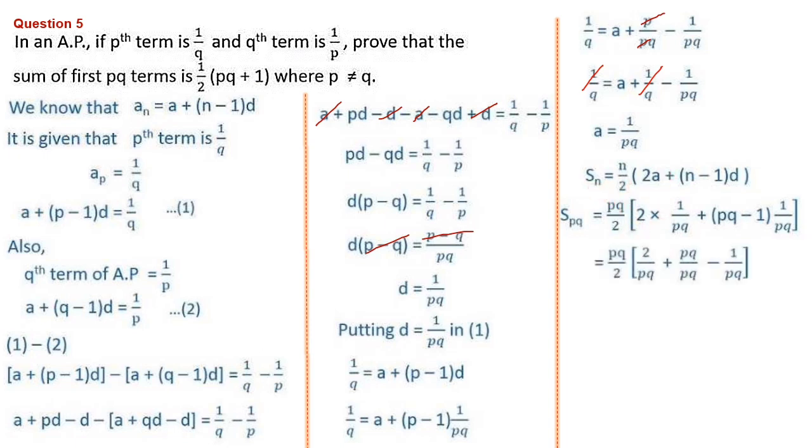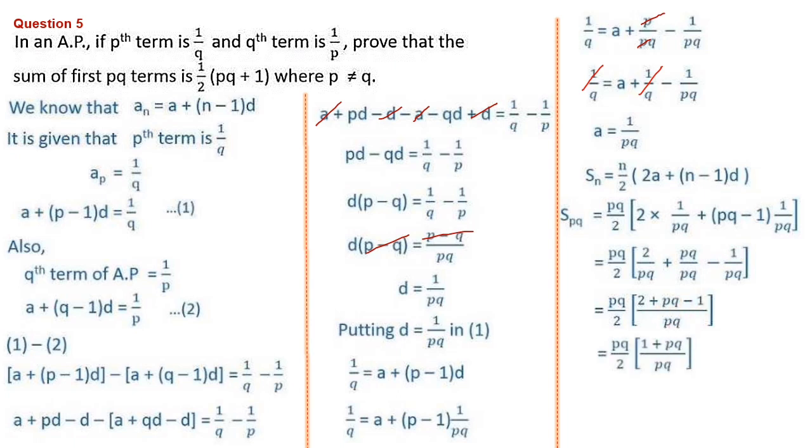That is equal to pq by 2 into, here 2 into 1, that is 2 by pq. Here pq into 1 by pq, that is pq by pq, minus here 1 into 1 by pq, that is 1 by pq. That is equal to pq by 2 into, here also pq, here also pq, here also pq. Take pq common as LCM. That means 2 plus pq minus 1 divided by pq.